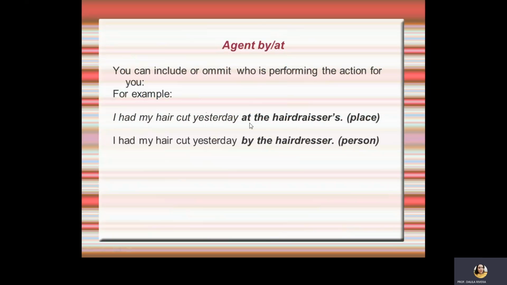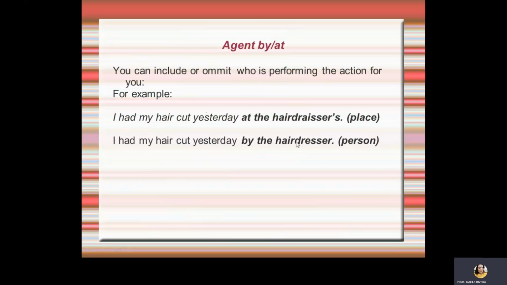If you want, or you think it's important to include this other information, you can do it. At the hairdresser, in this case, we're including where I had my hair cut yesterday. You can say also, I had my hair cut yesterday by the hairdresser. Who performed the action? The hairdresser. So you can include the place or the person by adding at or by.